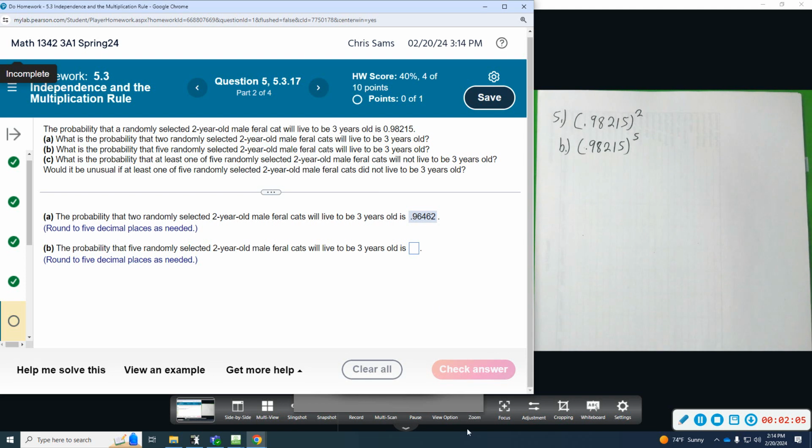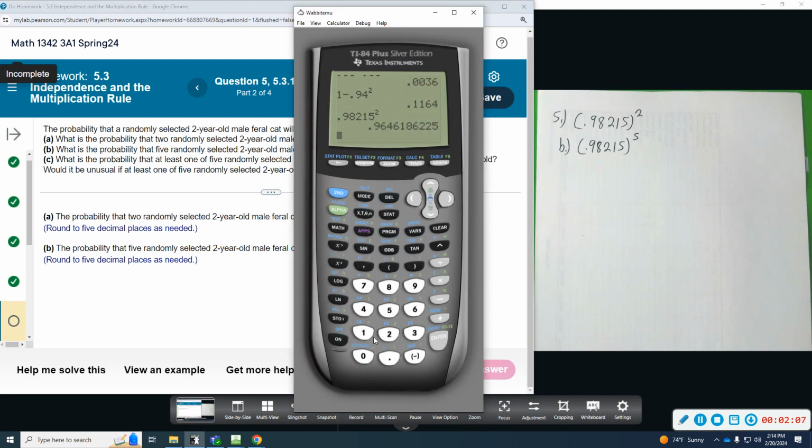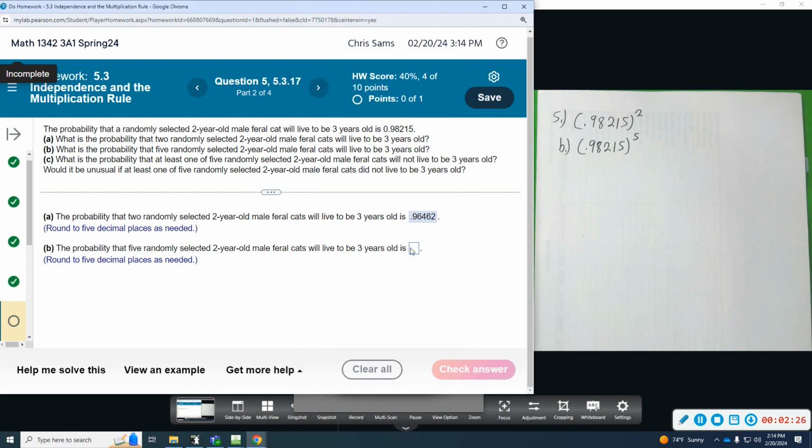So I'm going to do 0.98215 raised to the 5th power. And we're going to round to 5 decimal places, so that's going to be 0.9138, and then that 9 will round up to an 8, so 0.91388.